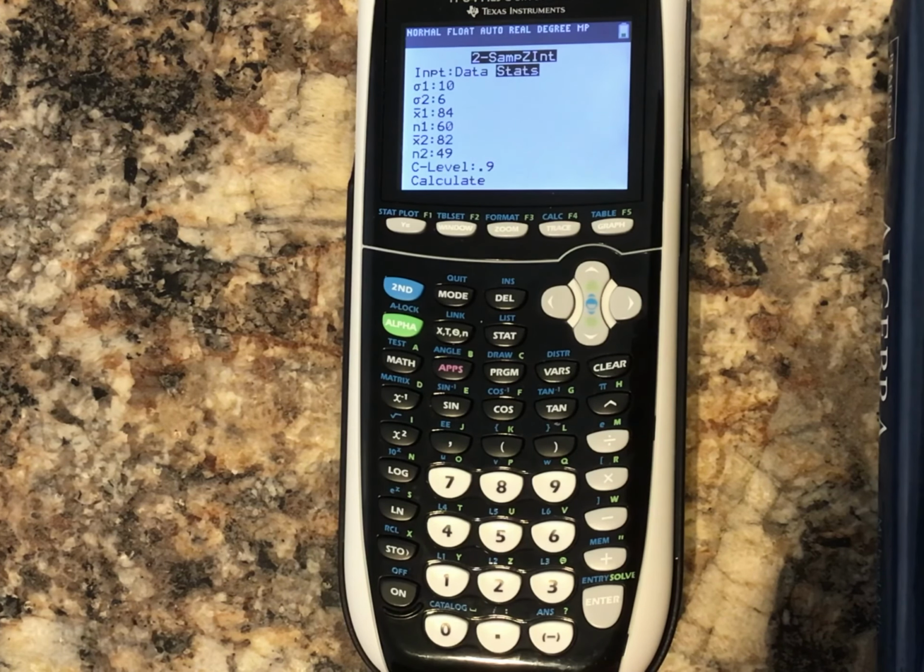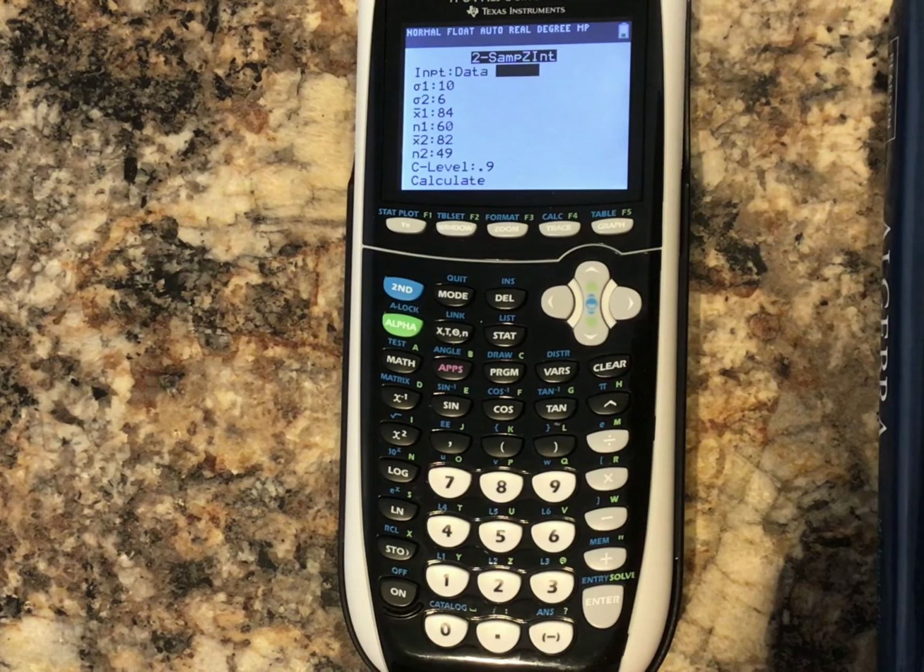Now remember, when you have a hypothesis test, and we're using confidence intervals in relation to the hypothesis test, whatever significance level they give you, so in this case it was 0.1, if you look back, alpha was 0.1, it means that the confidence level for that test would be 0.9, okay?